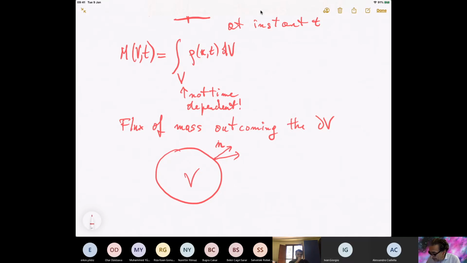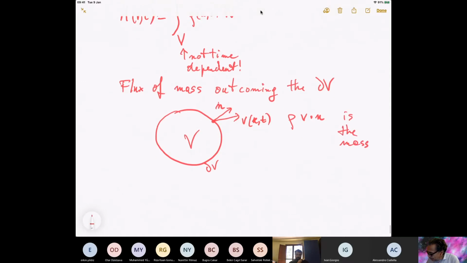In every point of the boundary of V, you have the velocity V of x and t. And I hope you remember that V dot n times rho is the mass outcome from V.